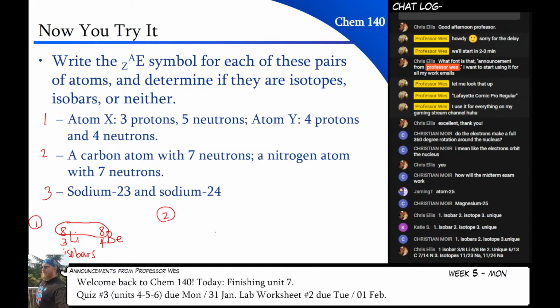All right, number 2, a carbon atom with 7 neutrons. That looks like that. And a nitrogen atom with 7 neutrons would be this. So these are unique. Nothing matches about them. Different masses and different identities.